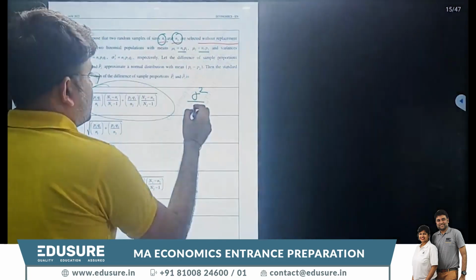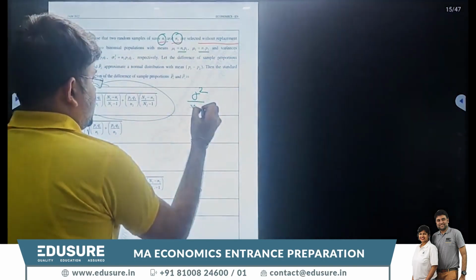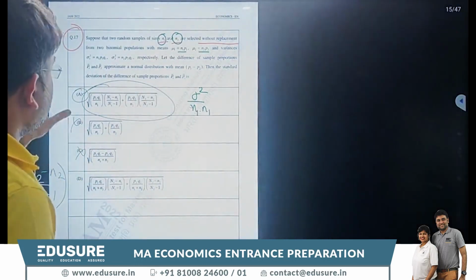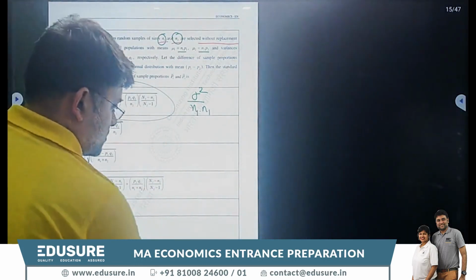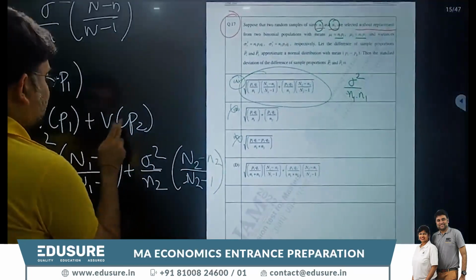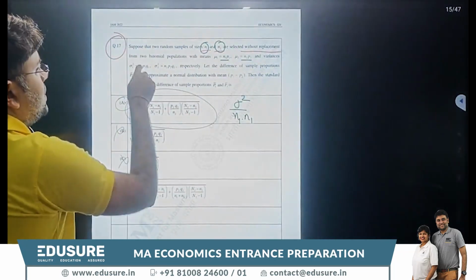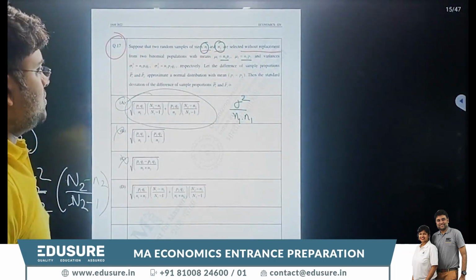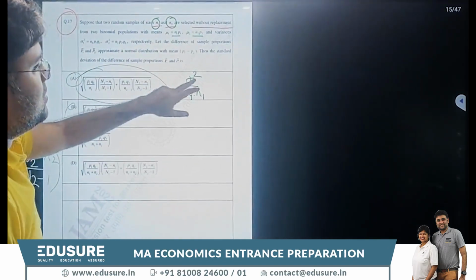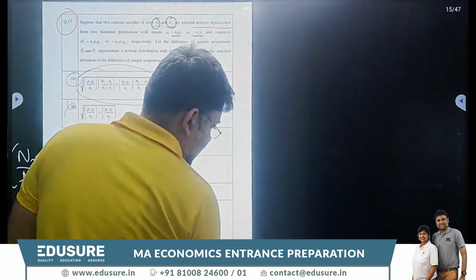So this will be basically sigma square by n1 into n1, because sigma square itself is sigma n1 p1 q1 divided by n1 square. So sigma 1 square by n1, that is what it should be.